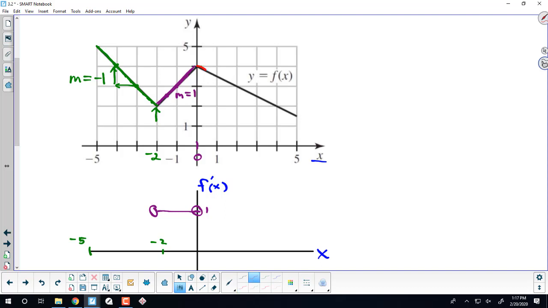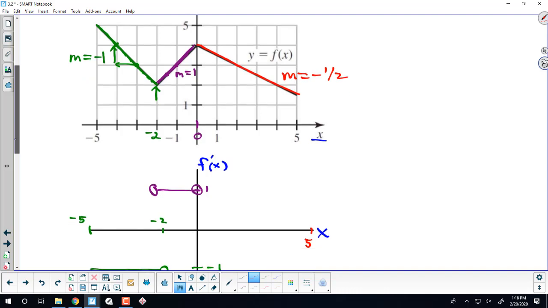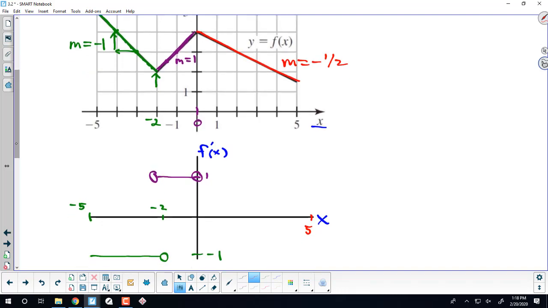And our third line segment is from 0 to +5. What's the slope of that line? -1/2, do you all agree? So the derivative at every point except for at the ends will always output -1/2.